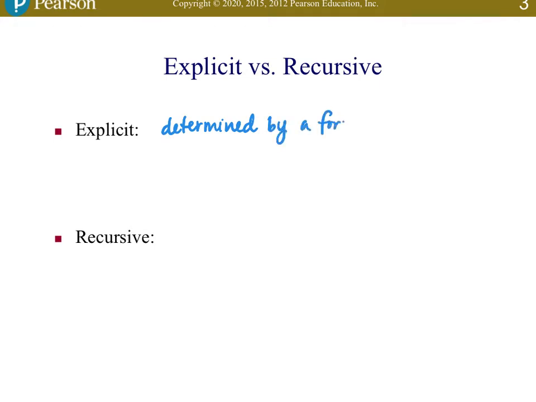So it is determined by a formula, we'll say, based on n being 1, 2, 3, 4, etc. So it's always a formula with an n in it, and n represents the set of positive integers starting with the number 1, and you generate the sequence by plugging in the number 1 and getting the first term, and plugging in the number 2 and getting the second term, etc., etc. So that's what explicit means. It means you can jump around in a sequence. If you know the n value, then you can find the nth term of any sequence.